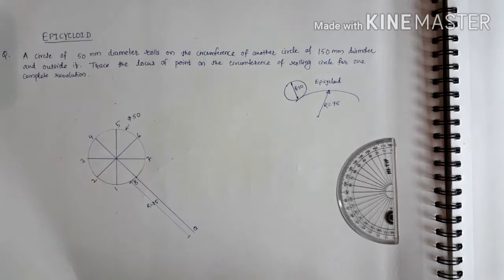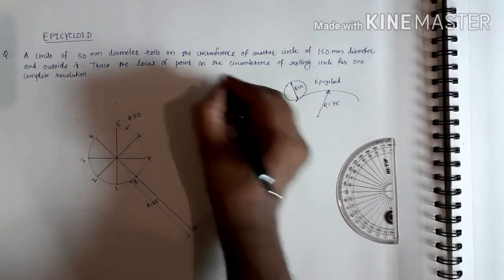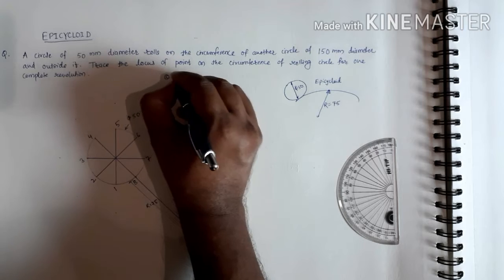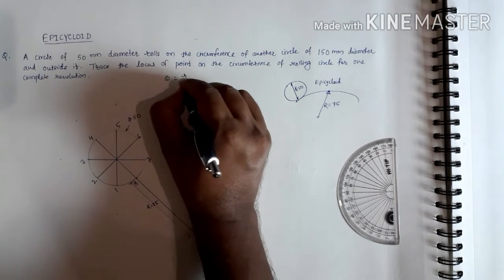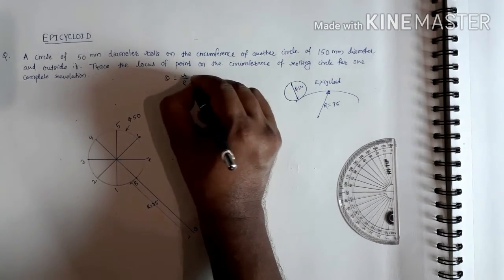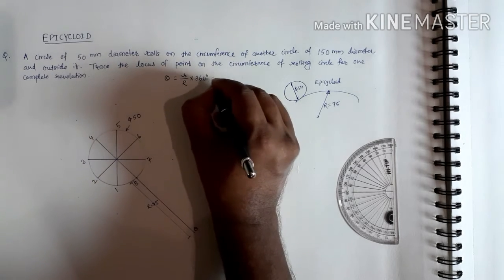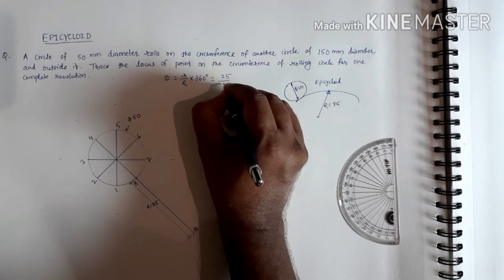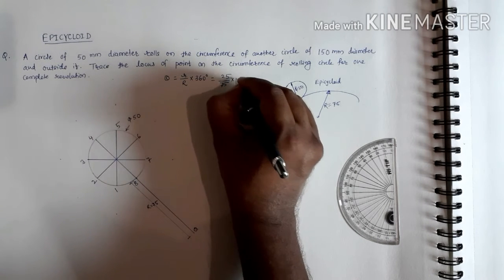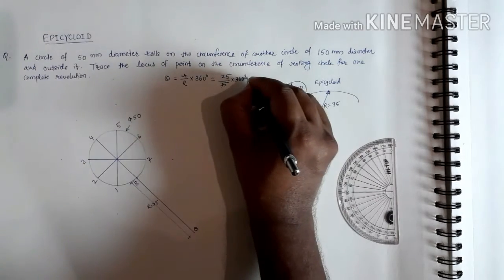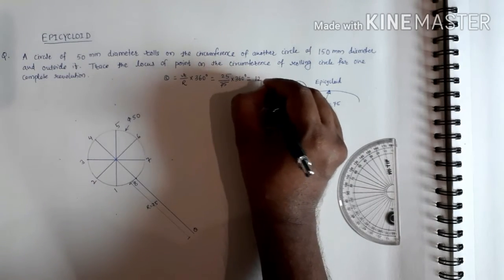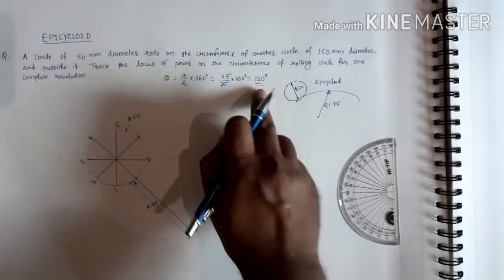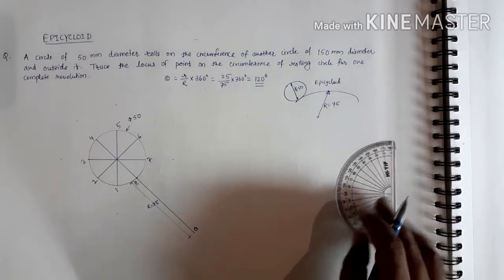That theta is given by theta equals small r by capital R into 360 degrees, that is 25 by 75 into 360, which is equal to 120 degrees. So the small circle will rotate by 120 degrees in one revolution.